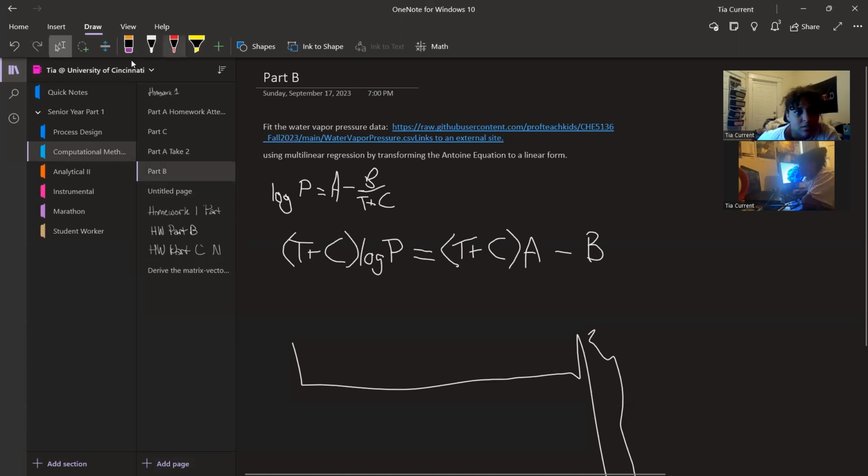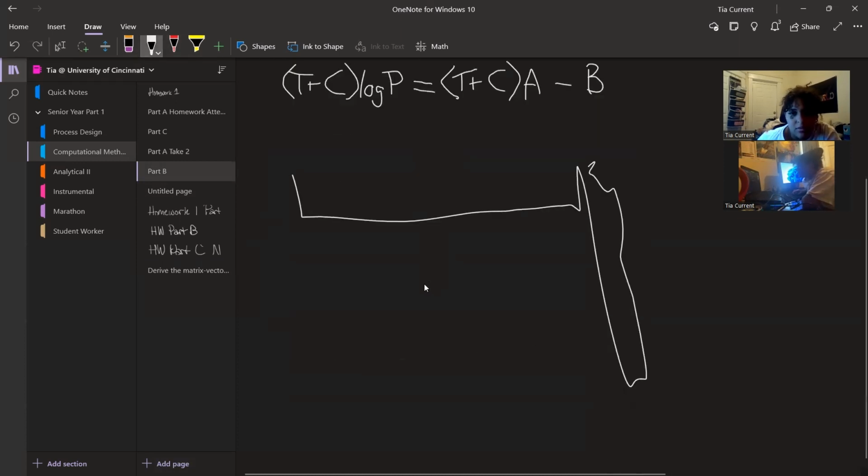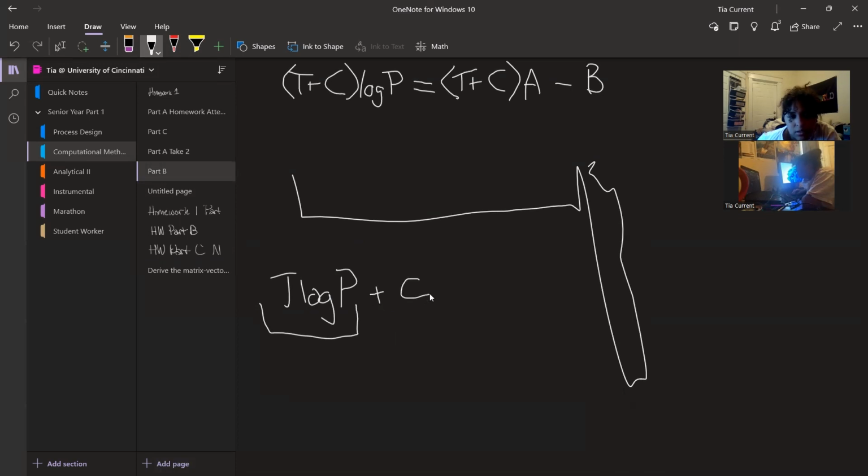Okay. Yeah, let's break this up into stuff now. So T log P. This is your only everything is known portion. And then you have plus C log P is equal to AT plus AC.